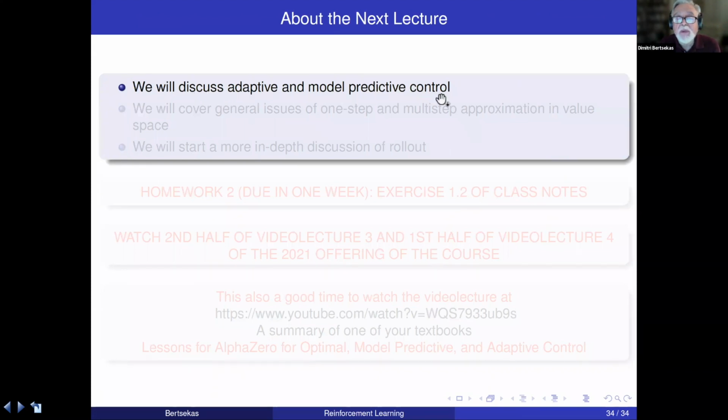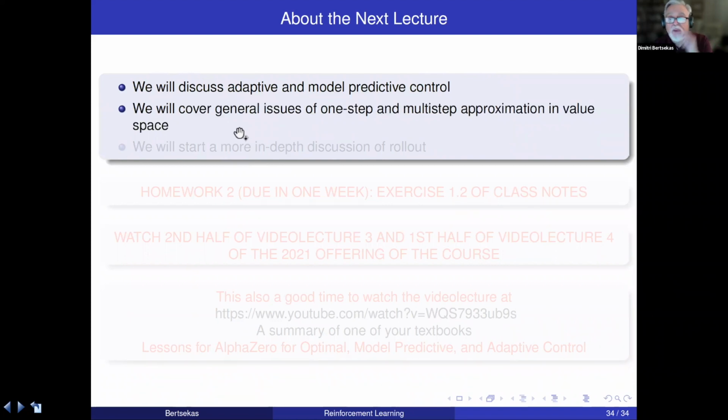We'll discuss adaptive and model predictive control within the context of approximation in value space, Newton's method, and rollout, approximate policy iteration, and the like. Then we're going to go into more general problems. We dealt with one-step or multi-step approximation in value space in the context of AlphaZero in general, and in more quantitative terms and with visualization in connection with Newton's method for the case of a linear quadratic problem.